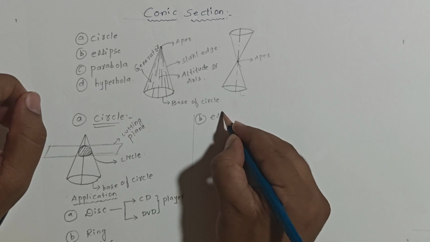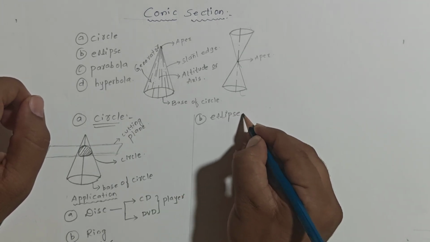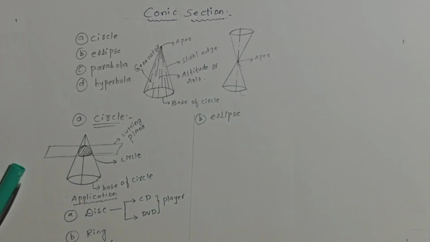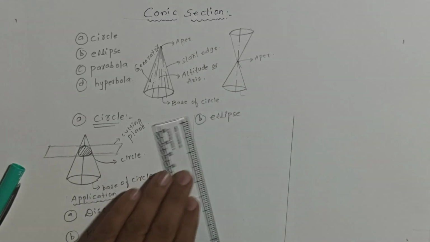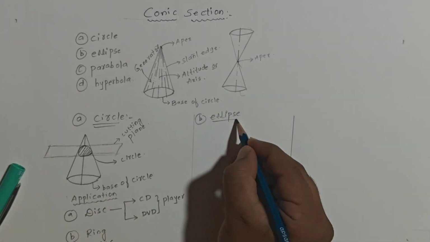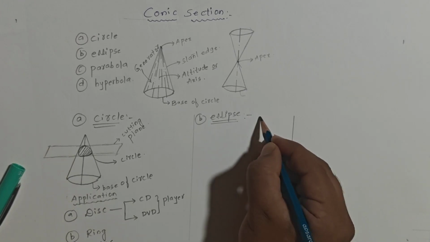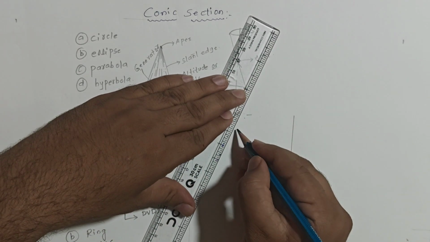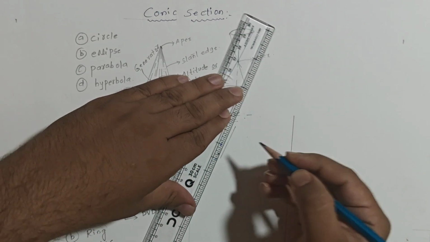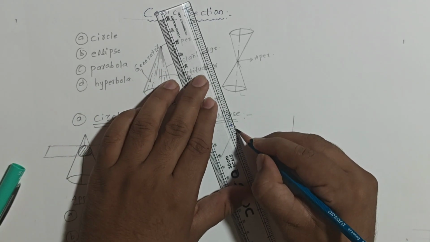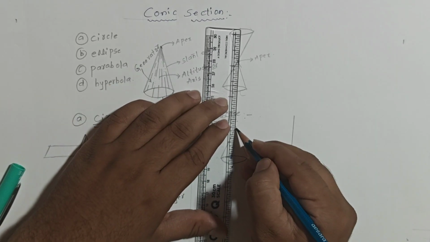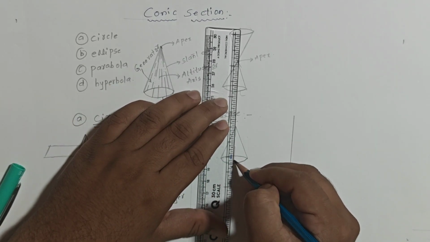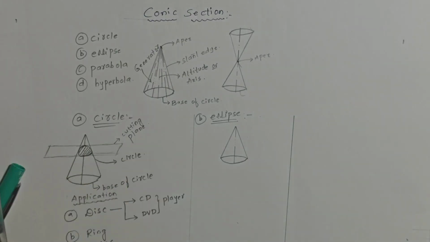Ellipse. Then let us see. First of all, we need to draw the shape of a cone. Okay, let us see.